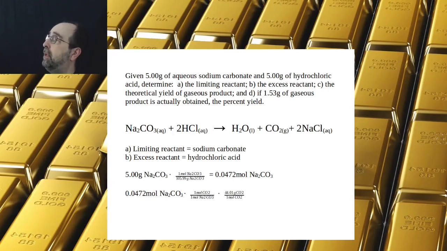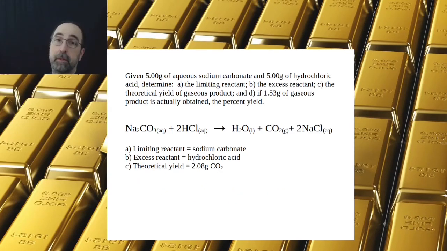When we run that through a calculator, that would give us 2.08 grams of carbon dioxide, and that would answer question C. That would be our theoretical yield of gaseous product. So let me record that and wipe out our work here to create some room for part D.